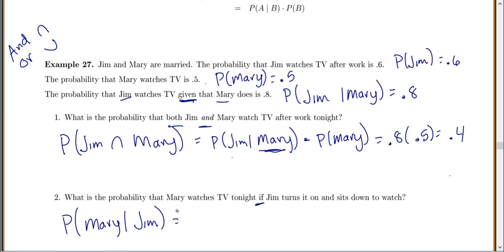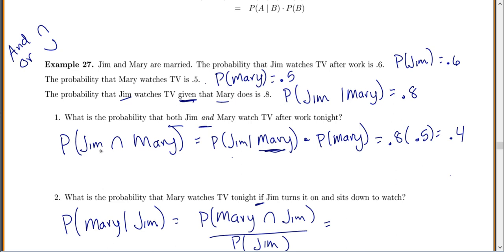Anytime you want to find a conditional probability, you have to go back to that original conditional probability formula, where you do the probability of the and, or the intersection, over the probability of what's known. So Mary and Jim, that's what we just found up above. Notice it doesn't matter if you say Jim and Mary or Mary and Jim. That means the exact same thing. So it's 0.4. The probability of Jim is 0.6. So our answer is 0.6666.